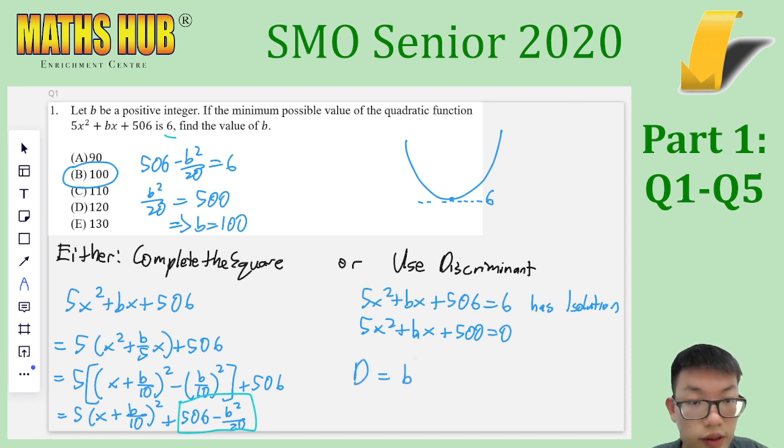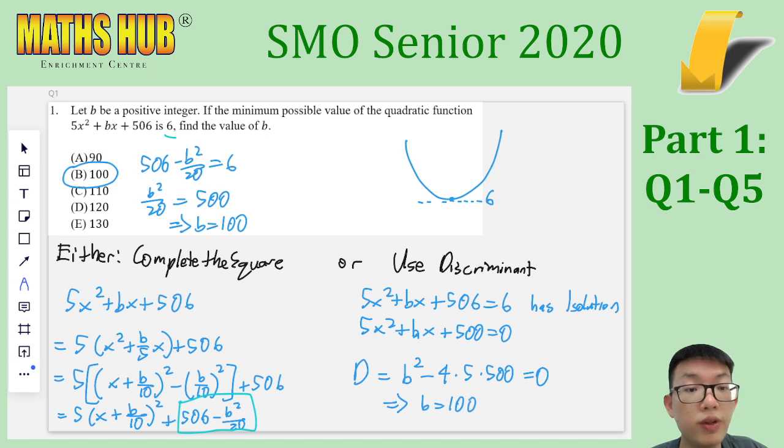So the discriminant is b squared minus 4 times 5 times 500 equals 0, and once again it tells us quickly b is equal to 100. So here we have two different perspectives on the problem, and of course you could just pick either one to get the numerical answer for b.